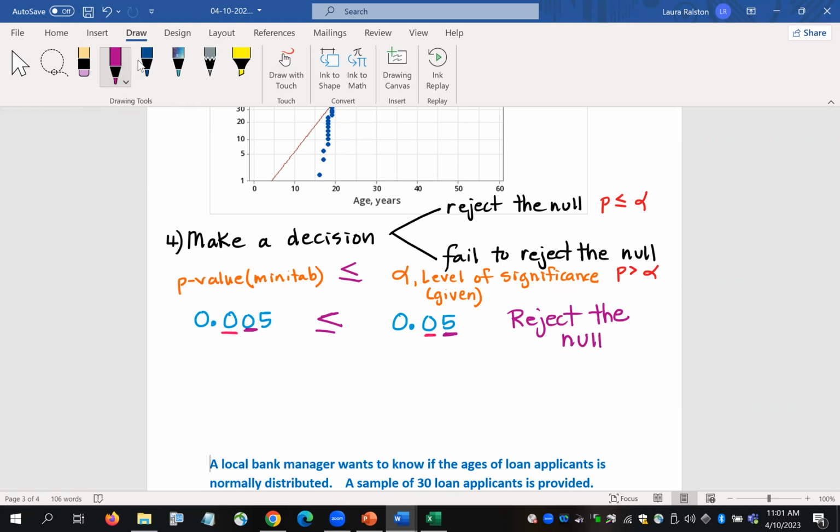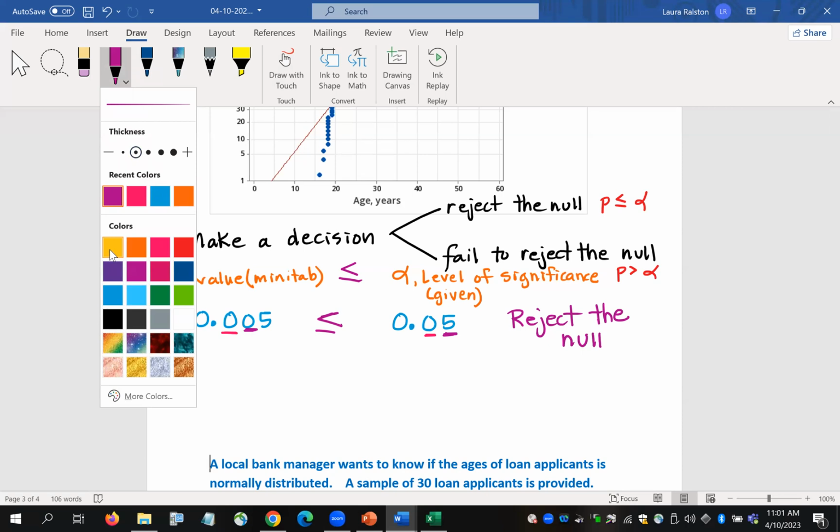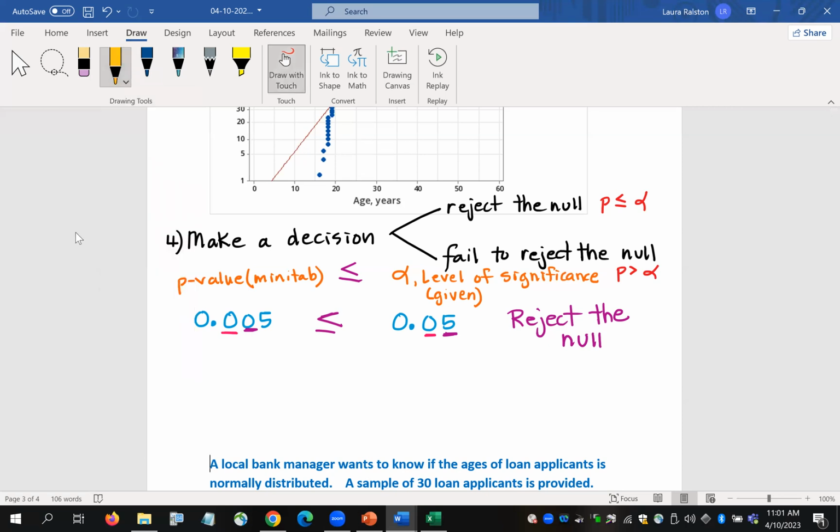Guys, that is your decision. Again, you have to write that decision down. So my decision, because p is less than or equal to alpha, my decision is to reject the null.